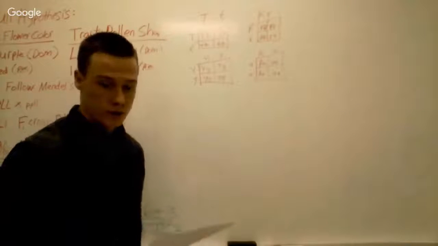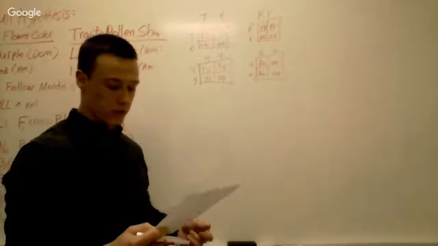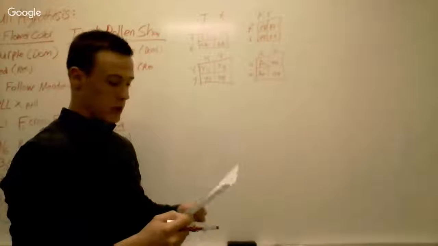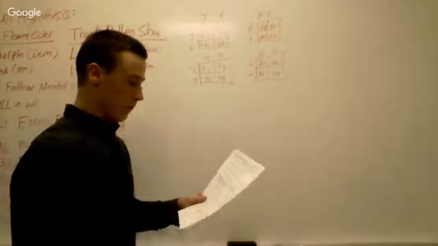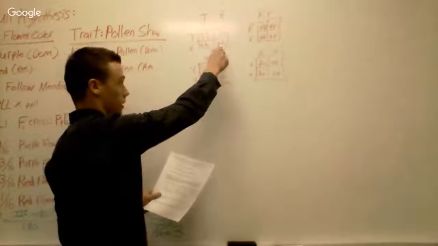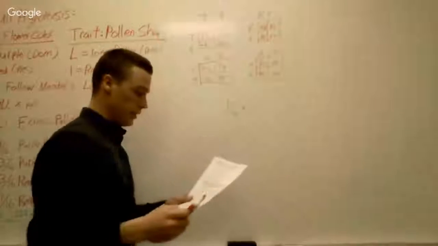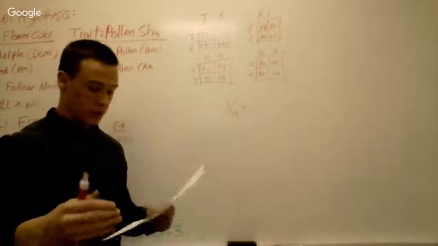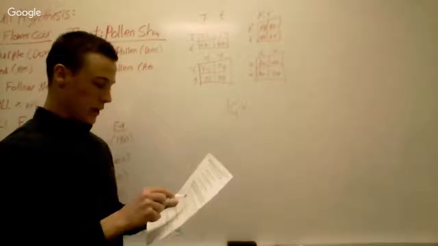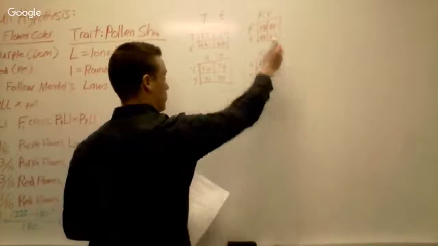So the first question, letter A, says what is the probability that a dwarf, wrinkled, yellow, terminal offspring plant is produced? Dwarf is the homozygous recessive, only in this box, so you have 1/4, and these are going to be multiplied together. Wrinkled is also recessive, so times 1/4 in this box.